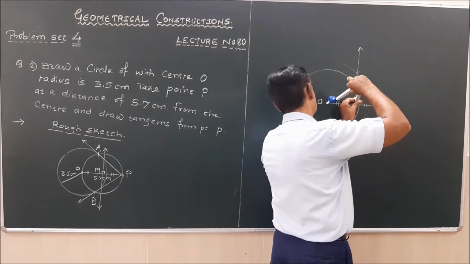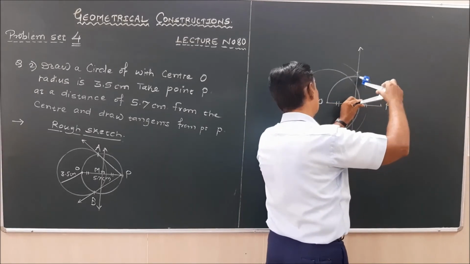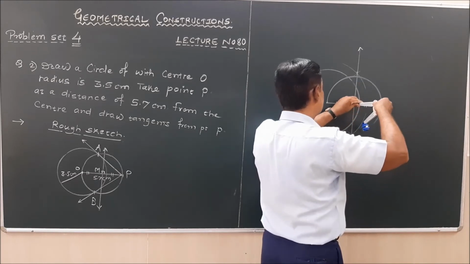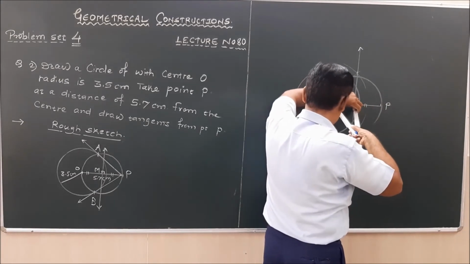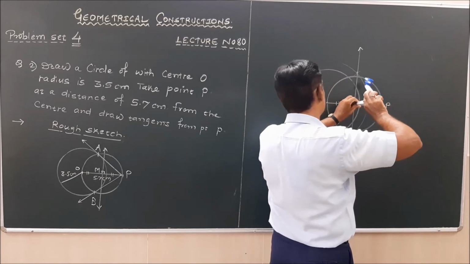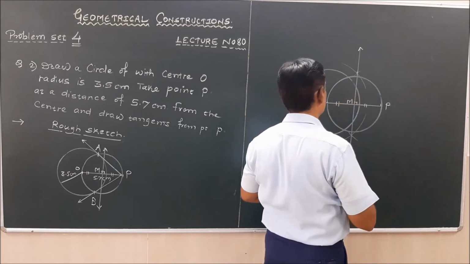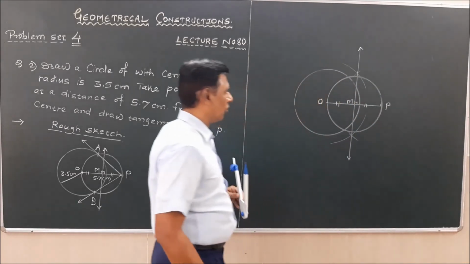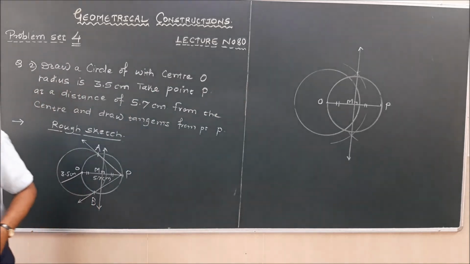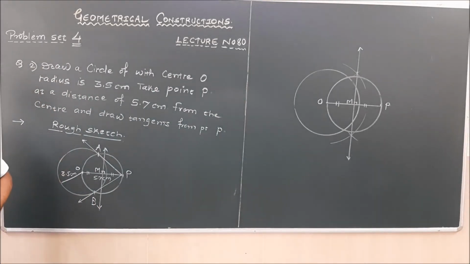It is very important to note, dear students, you must draw a complete circle. If somebody teaches you to draw only the arcs intersecting the previous arcs, that is wrong. I forgot to tell you, it is very, very important.